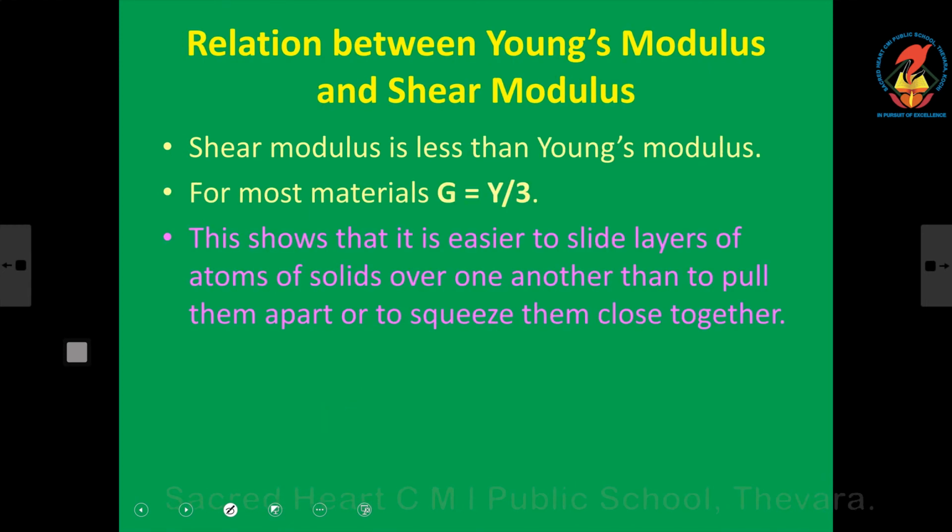Relation between Young's modulus and shear modulus. Shear modulus is always lesser than Young's modulus. For most materials, G will be equal to Y by 3. G is lesser than Y. That is why, think of taking a paper.